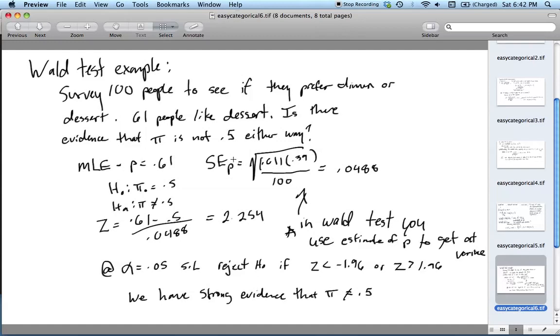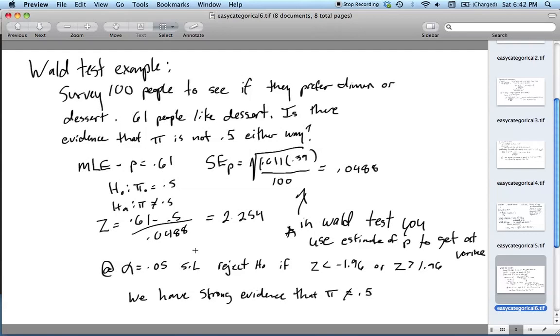Maybe I should have a little hat on this, because even though it's the same thing, I've declared that this is the maximum likelihood estimate. So we take the square root of p times 1 minus p over n, which is 0.0488. Then I do my subtraction, crunch through this, and I get 2.254.